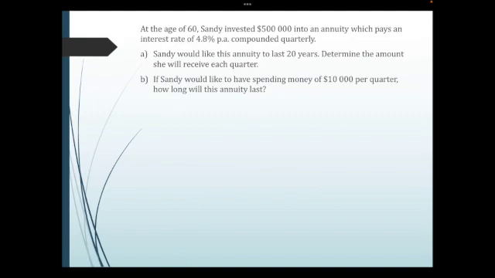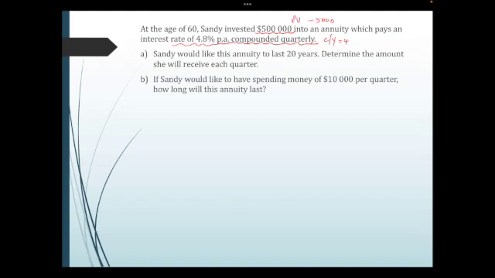Alright, let's have a look at question 1 and question A and B. So at the age of 60, Sandy invested 500,000 into an annuity which pays an interest rate of 4.8% per annum compounded quarterly. Alright, so I know CY equals 4.